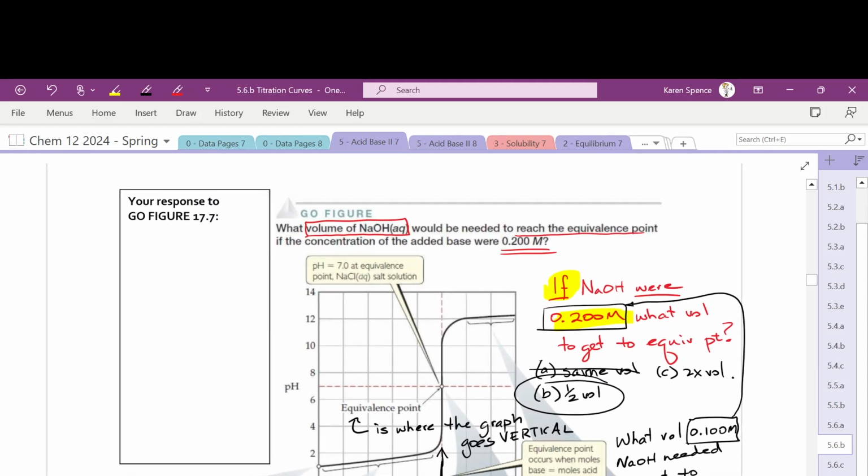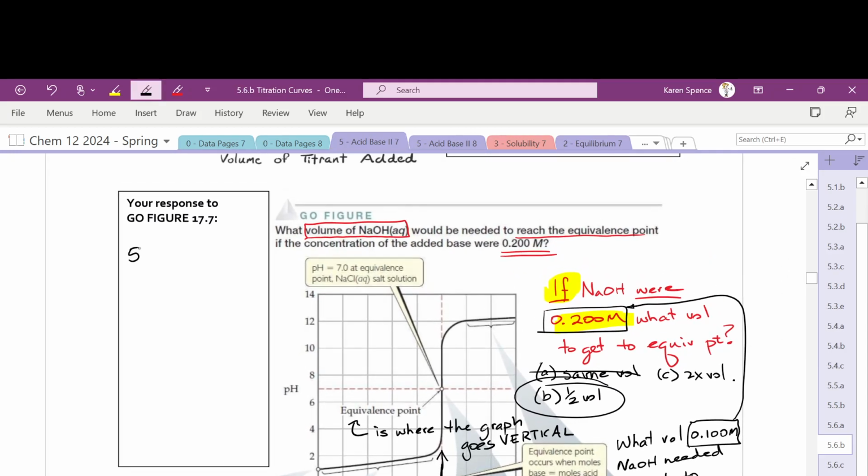So we could actually do the calculation. We could say we used 50 milliliters of 0.1 mole per liter NaOH, which is 5 millimoles of NaOH were needed to neutralize the acid. Yes?